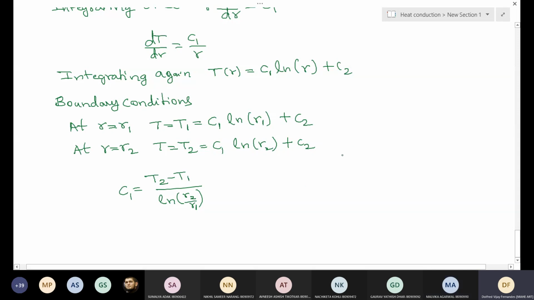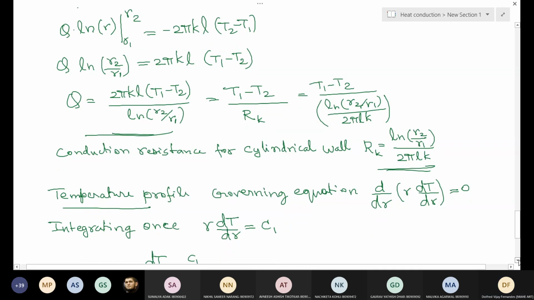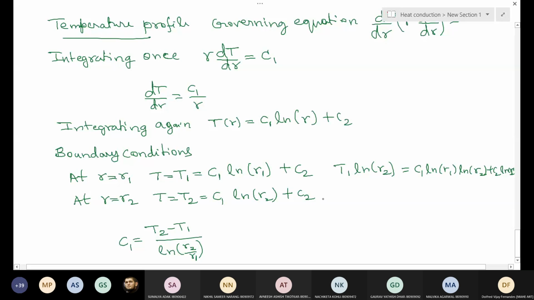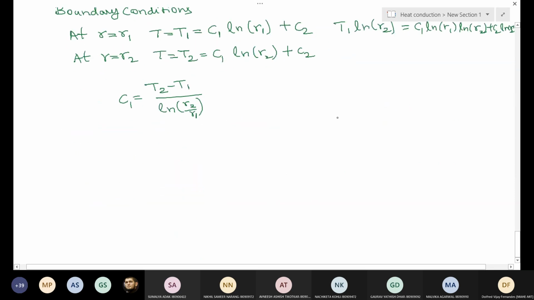So how do you get C2 now? Same way, to eliminate C1, we multiply the first equation by ln R2 and the second equation by ln R1. You have T1 ln R2 equals C1 ln R1 ln R2 plus C2 ln R2, and T2 ln R1 equals C1 ln R1 ln R2 plus C2 ln R1.